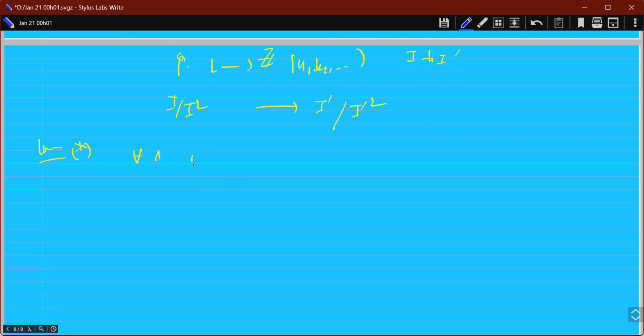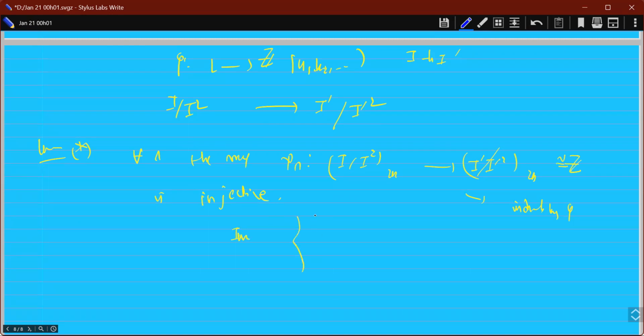So for R and the map, the map is injective, and its image, so this map here induced by phi, the image is like Z if n plus 1 is not a prime power, and pZ if n plus 1 equals a power of p, where p is a prime. We will get to the proof.